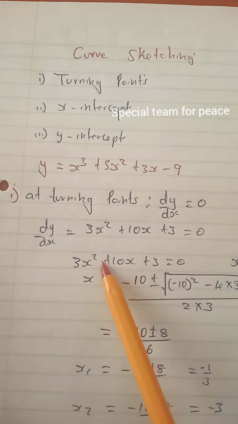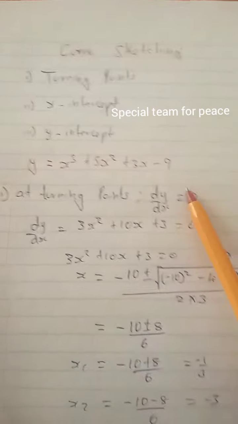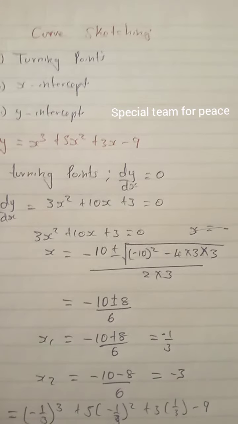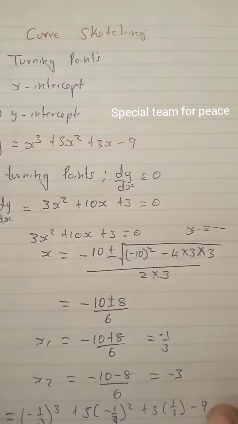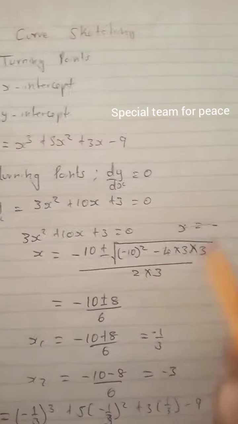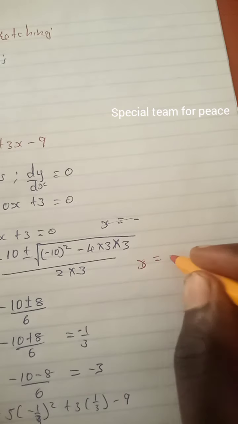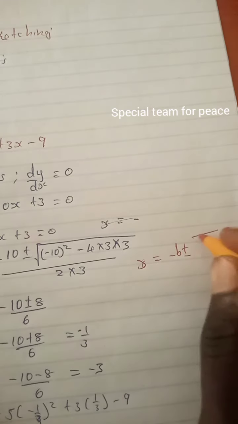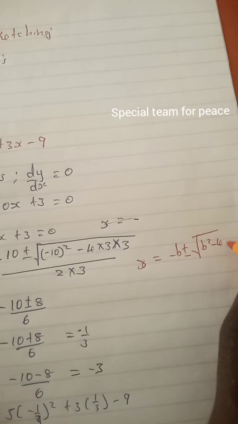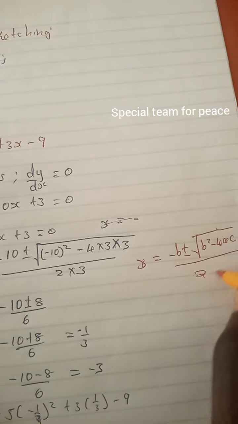So it is a quadratic function which, when simplified, using the quadratic formula, which I have not written, but it's normally x is equal to negative b plus or minus the square root of b squared minus 4ac, the whole of it being divided by 2a.